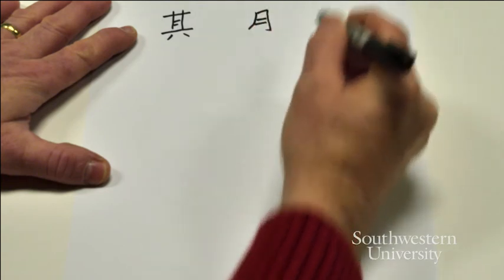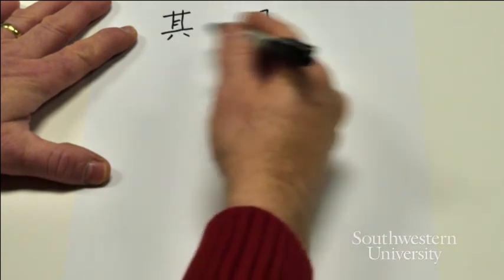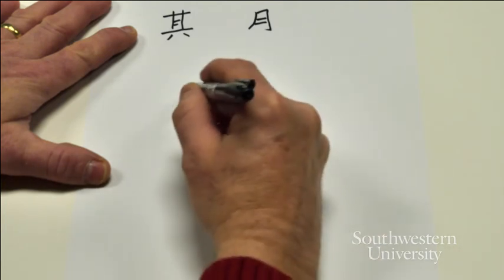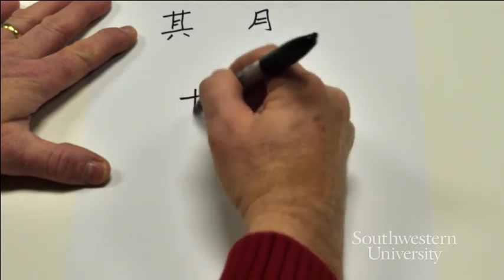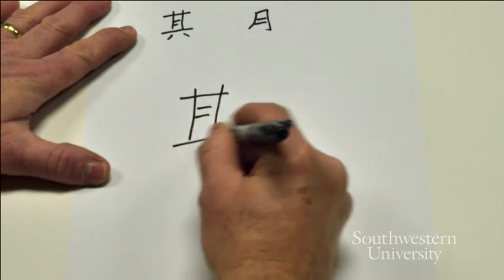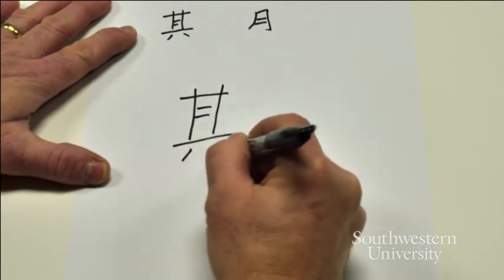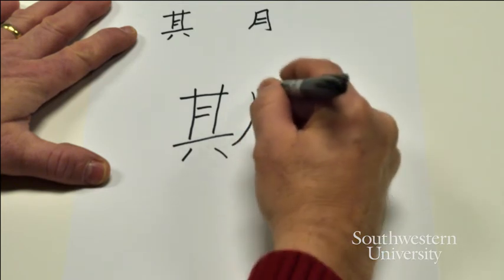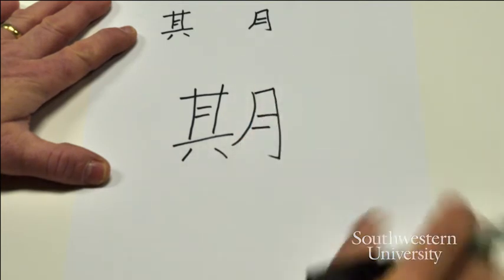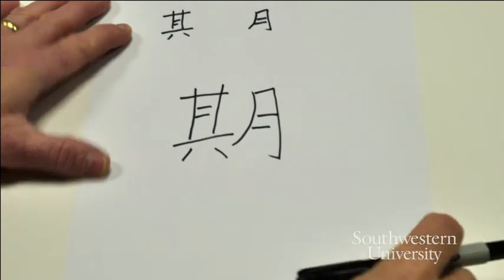It's a depiction of yue, the moon, so it indicates time periods. So the stroke order, hung, shu, hung, hung, shu, hung, dien, dien, pie, hung, zhe, go, hung, hung, qi.